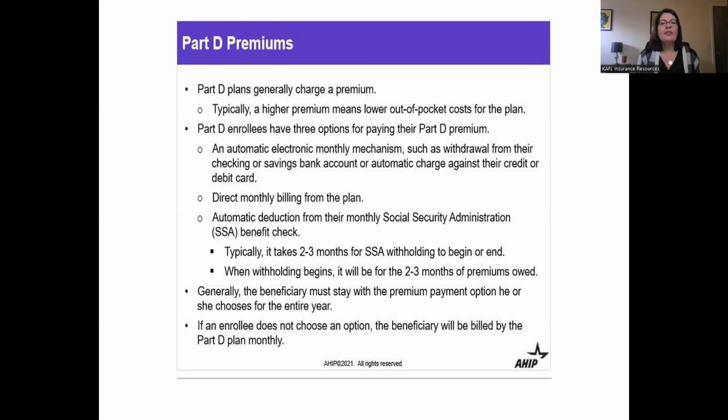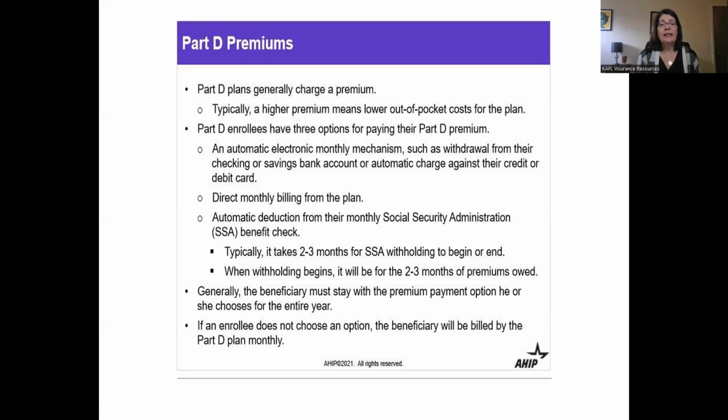And there are 3 options for paying a Part D premium. It can come out of a bank account by EFT, electronic funds transfer. Someone can get a bill from the plan, or it can be automatically deducted from their Social Security check. It usually takes 2 to 3 months for Social Security to start taking that out.